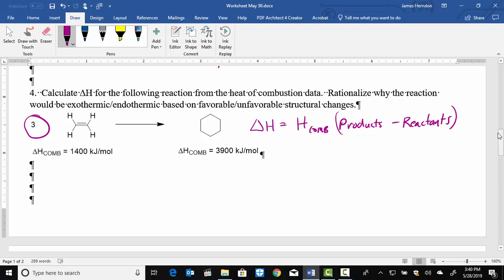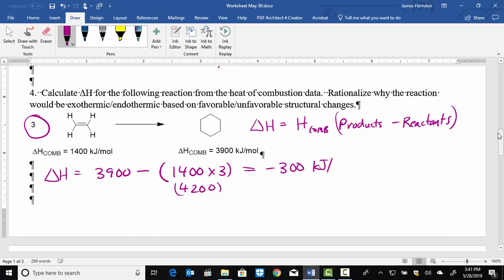So if we want to calculate delta H, it would be basically 3,900 minus 1,400 times 3. That's 4,200. And our delta H would be negative 300 kilojoules per mole.